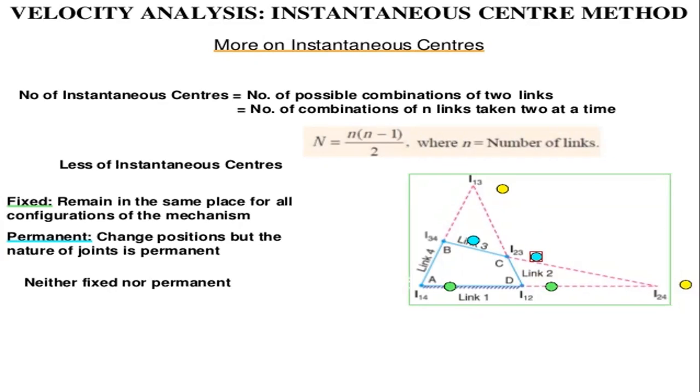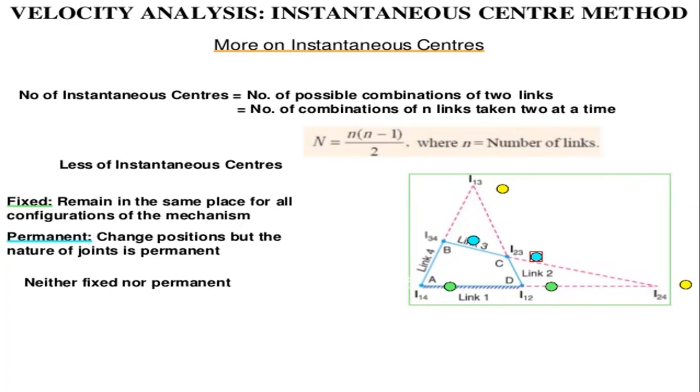So the number of instantaneous centers is equal to the number of possible combinations of the two links, and that is equal to the number of combinations of n links taken two at a time.